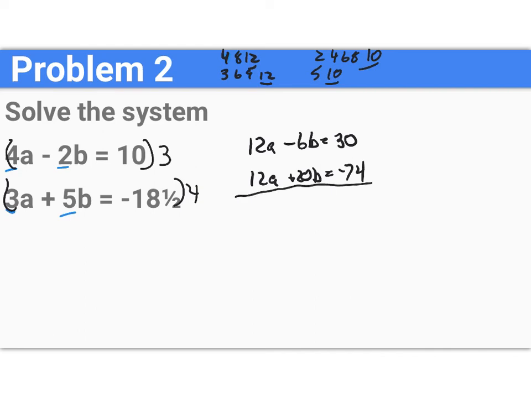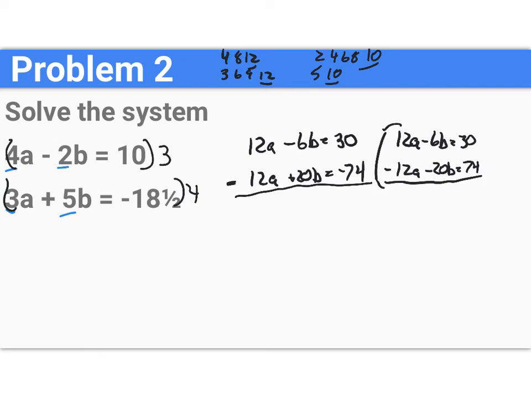Okay. So our 12s are the same, so we're going to subtract, and we have to change each sign. So 12A minus 6B equals 30. So negative 12A minus 20B equals positive 74. You don't have to do this step over here, but some math teachers will teach you this way.